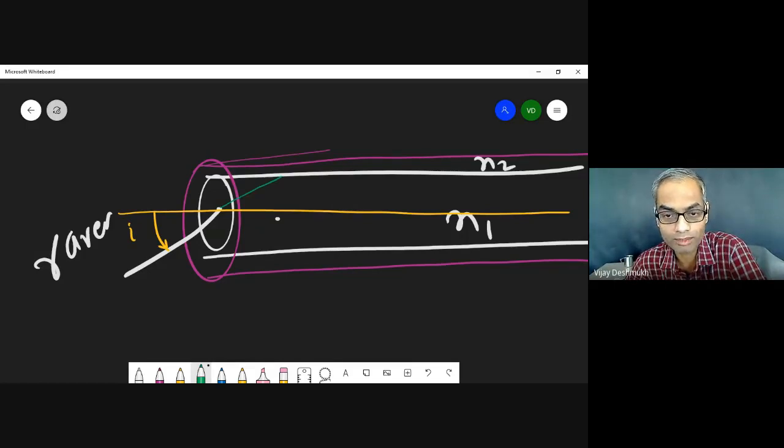So the angle of refraction is this angle R. Now, at this point, again we draw a normal, because now we have the surface in between N1 and N2. Remember, this is one medium and this is another medium.